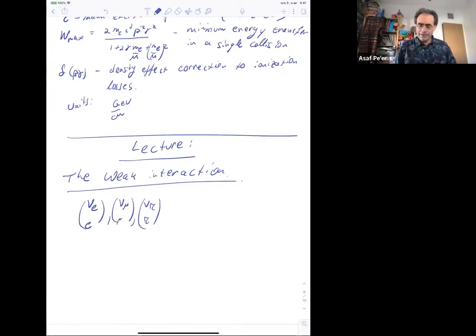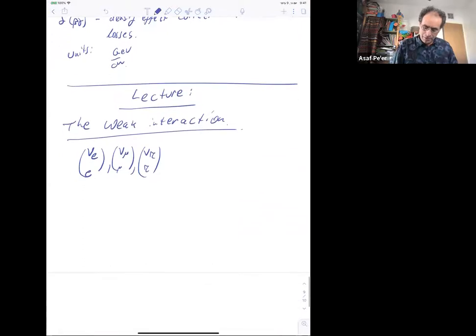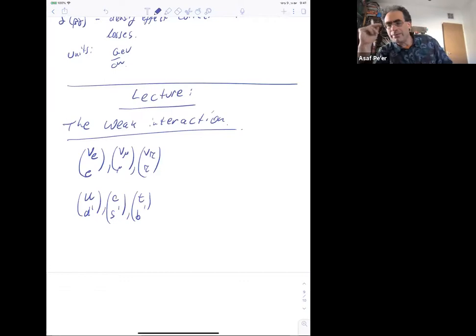So I simply changed the basis. I just wrote down quark doublets u d prime, c s prime, and t b prime, rather than d, s and b. So d, s and b are the mass eigenstates. These are the ones that appear in the Hamiltonian. And d prime, s prime, and b prime are the interaction eigenstates.